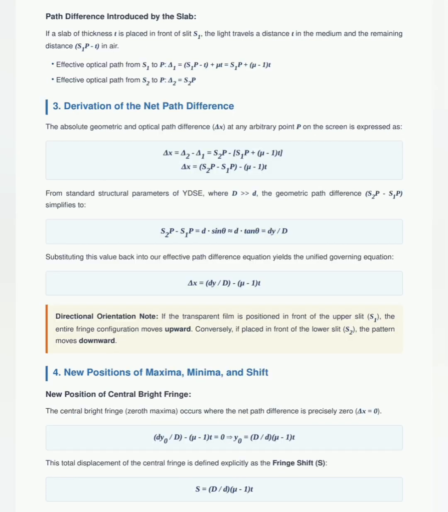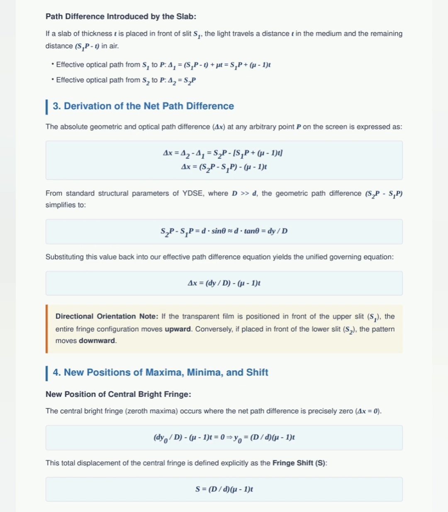Now let's understand how to calculate the path difference introduced by the slab. If the thickness of the slab is T and it is placed in front of the slit S1, then the light travels a distance T in the slab medium, and the remaining distance S1P minus T will be in air.